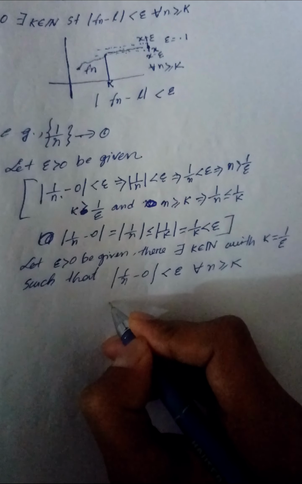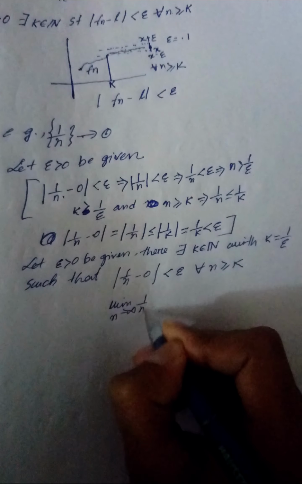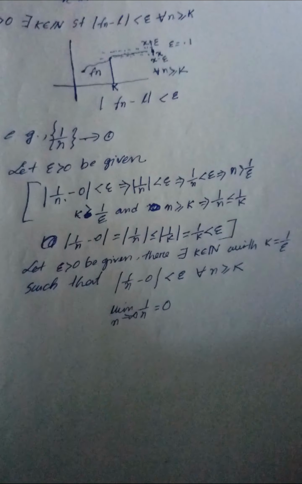And this shows that limit n tends to infinity of 1 by n equals 0. Okay, thank you.